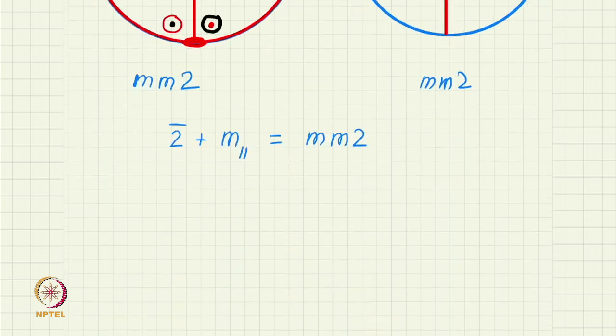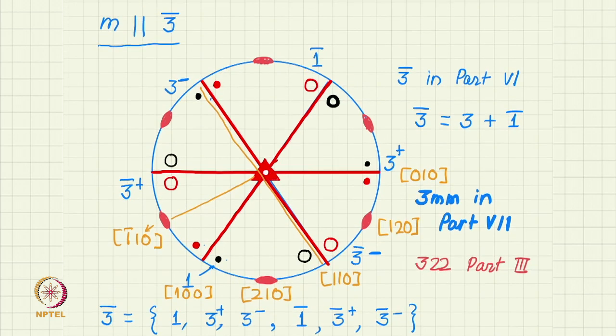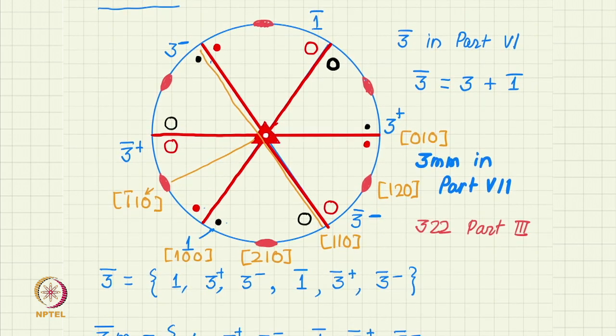Note that in all these cases we added a mirror plane parallel to the 3-fold. For example, in this case we added a mirror plane parallel to the 3-fold axis, but as a result we also got a 2-fold perpendicular to the 3-fold axis.